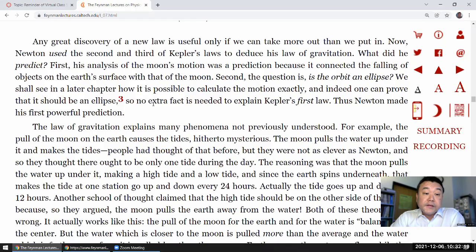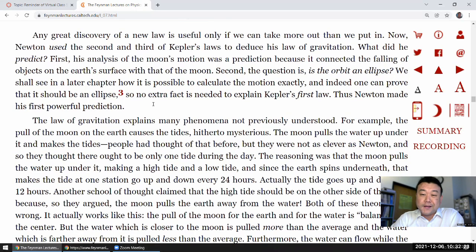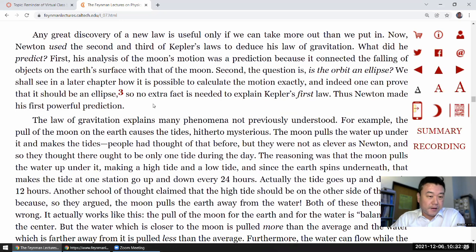Any great discovery of a new law is useful only if we can take more out than we put in. Now, Newton used the second and third of Kepler's laws to deduce his law of gravitation. What did he predict? First, his analysis of the moon's motion was a prediction because it connected the falling of objects on the Earth's surface with that of the moon.